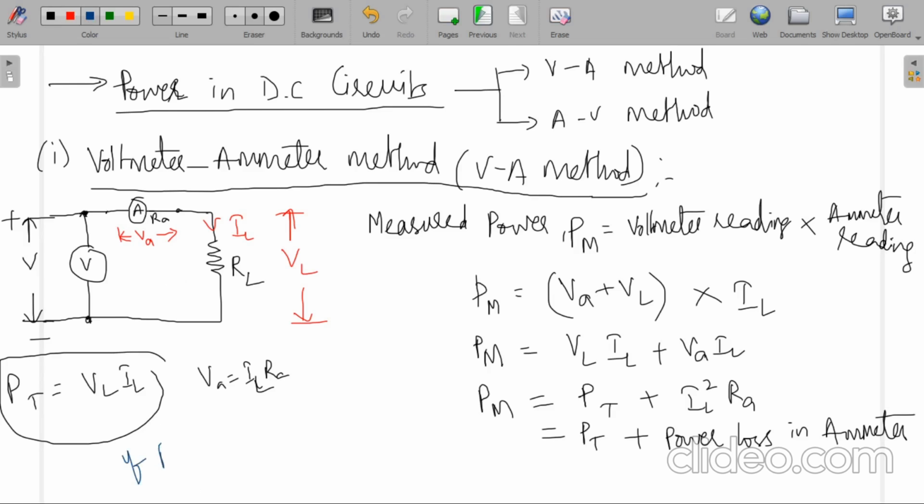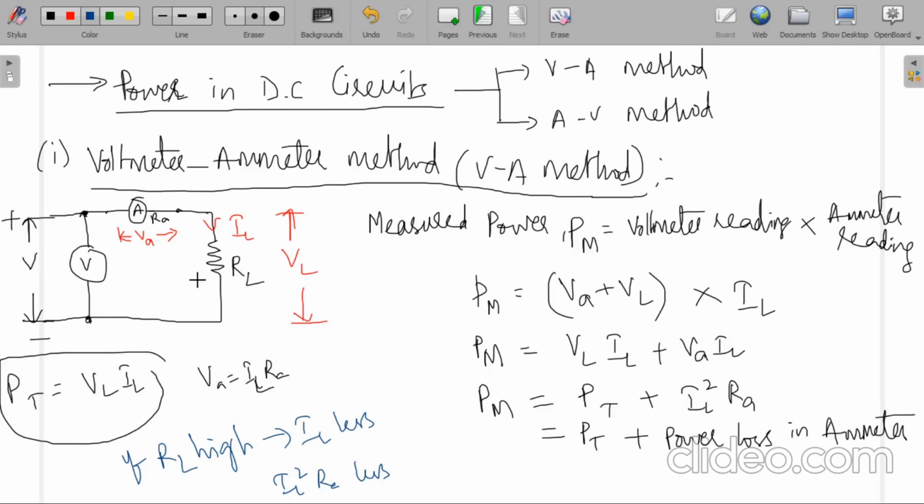If RL is high, IL will be low. If IL is low, then IL square RA will be less, so that you can decrease this error, right?